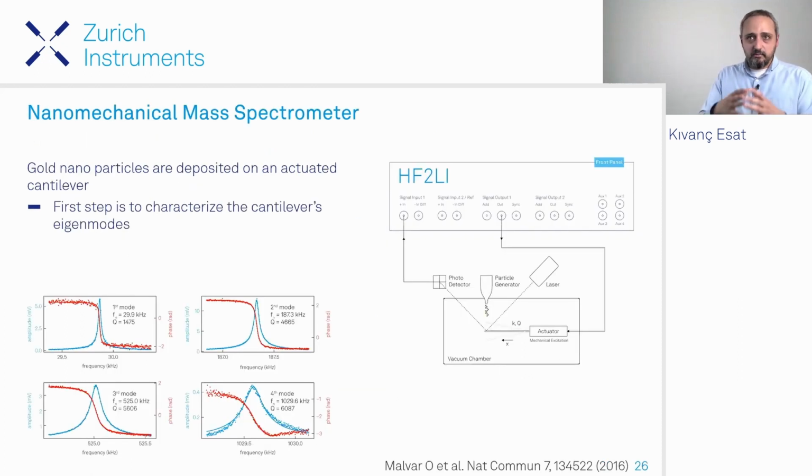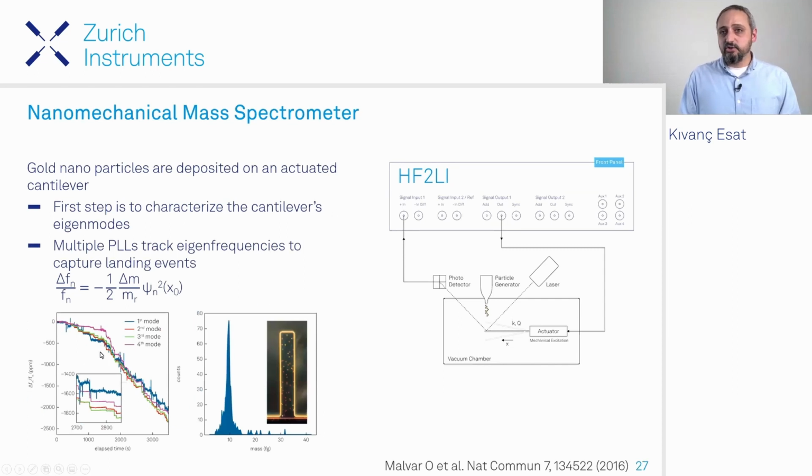And this is pretty often used in such systems as well, which is the system I started with initially. I don't need to repeat the scheme, but in the end, we start by characterizing this cantilever's eigenmodes, and then we can close control loops to track these eigenmodes at their resonance frequency on each of them simultaneously.